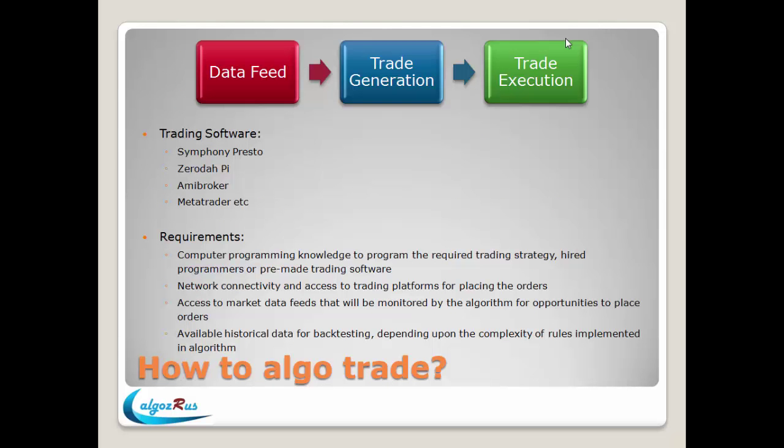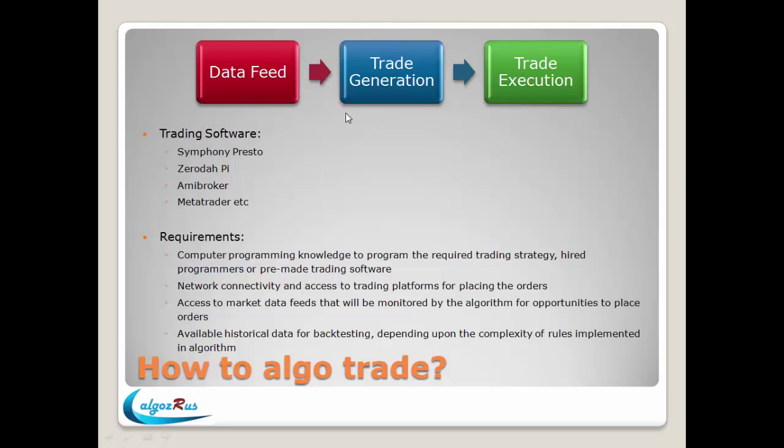Now, how to algo trade? Basically, there are three paths to algo trading. You require a data feed, wherein the live data comes into your trading software, where your entire technical analysis is being done.